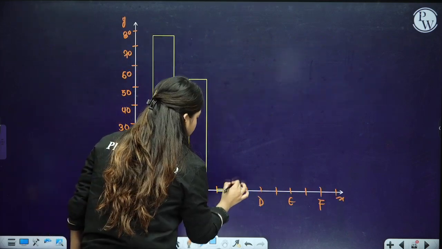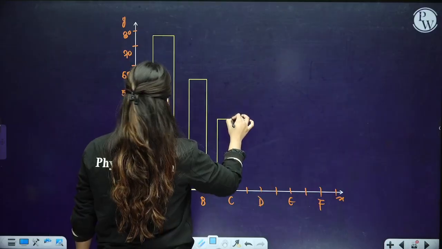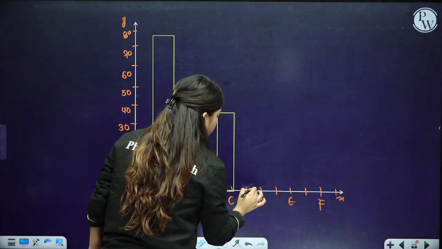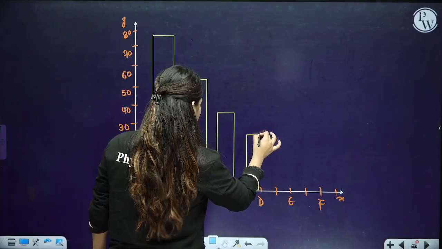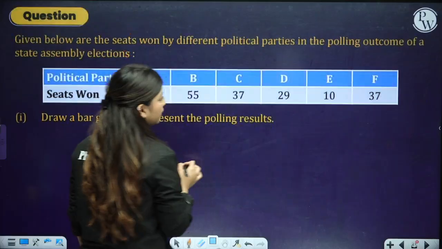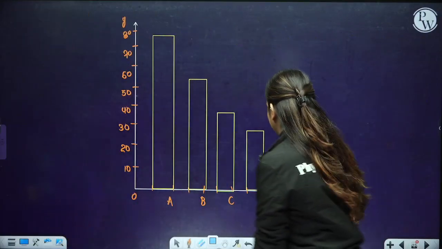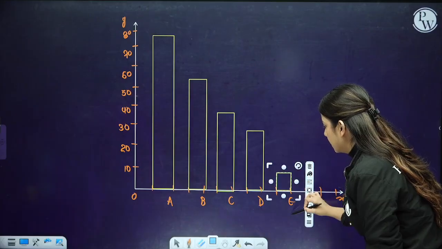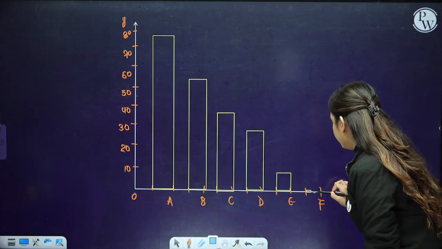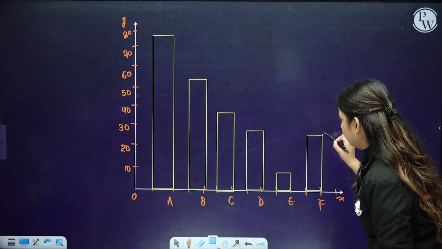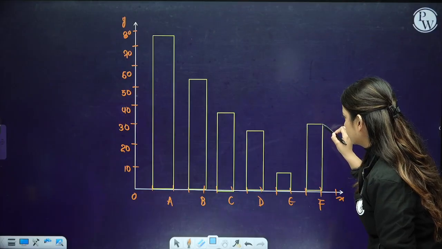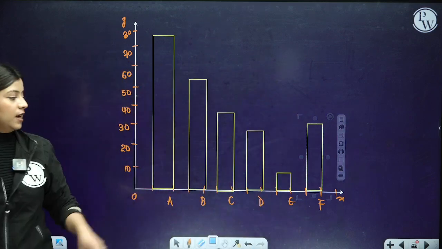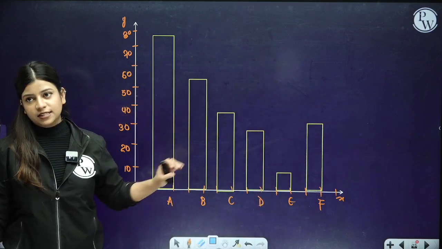Then 37 and 29. So 37 is somewhere just below 40. 29 is just below 30. So somewhere here. Then we have 10 and 37. So 10 is like this. After 10 we have 37, just below 40. Like this. So this is how we draw a bar graph by using x-axis and y-axis alongside.